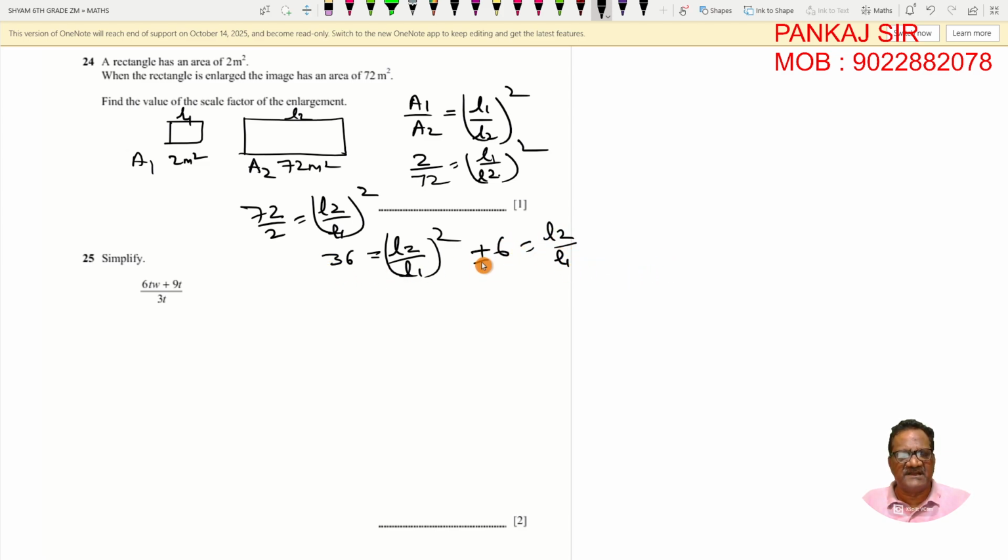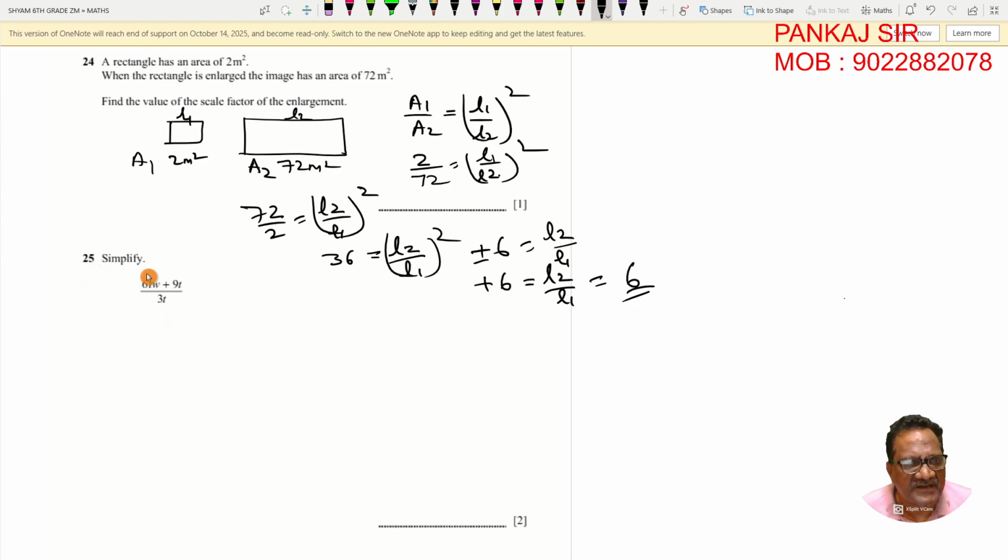Okay, so I cannot take negative, because any dimension cannot be negative, so I'll take only plus 6. So 6 is the ratio of L2 to L1, right? So the scale factor will be L2 upon L1, which is 6. The answer is 6.